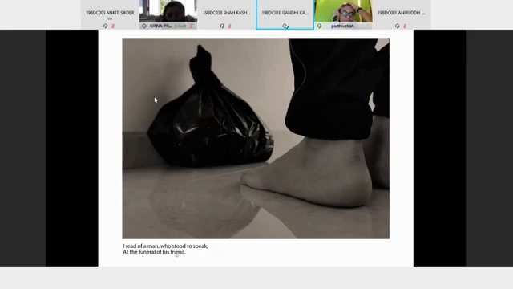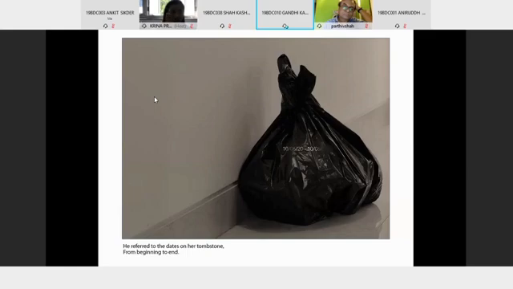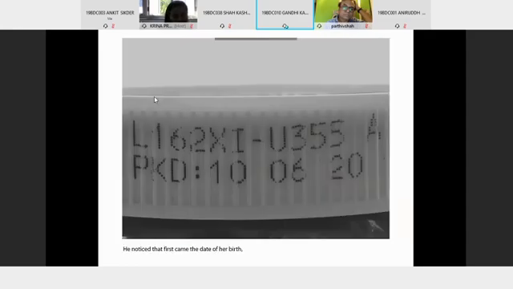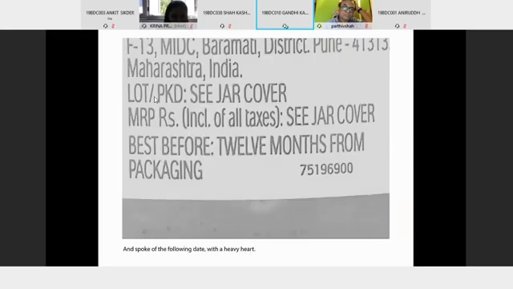I read of a man who stood to speak at the funeral of his friend. He referred to the dates on a tombstone from beginning to end. He noticed that first came the date of her birth, and spoke of the following date with a heavy heart.